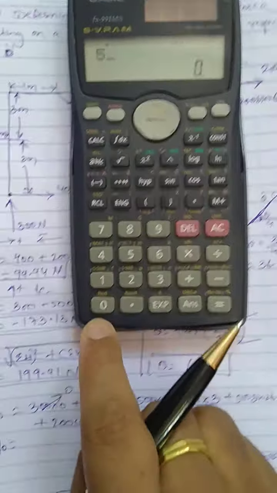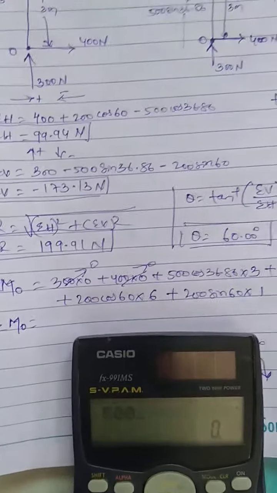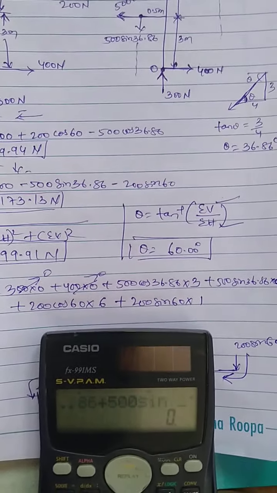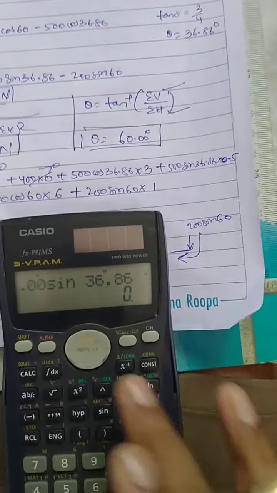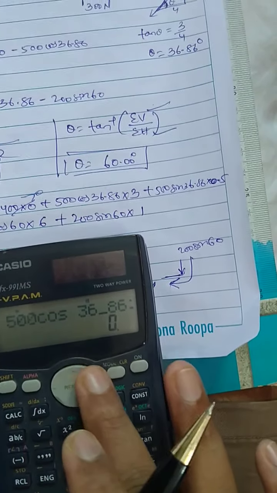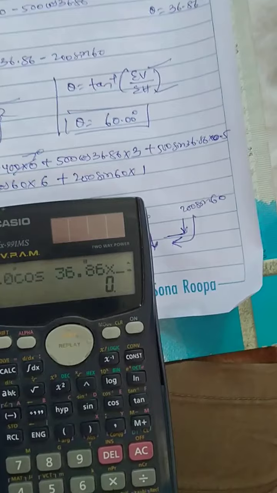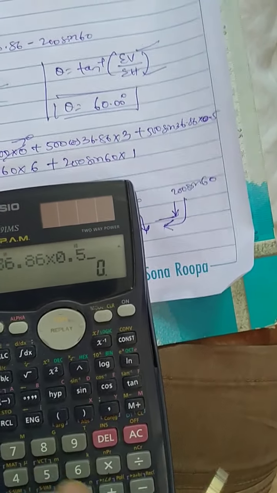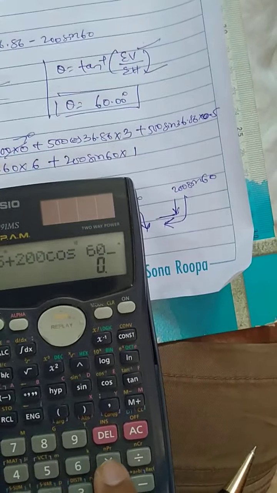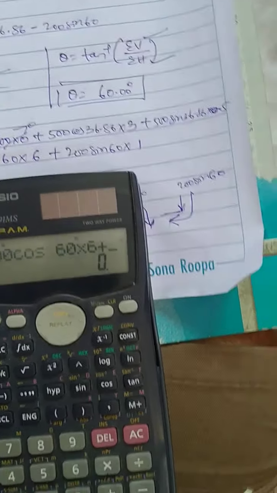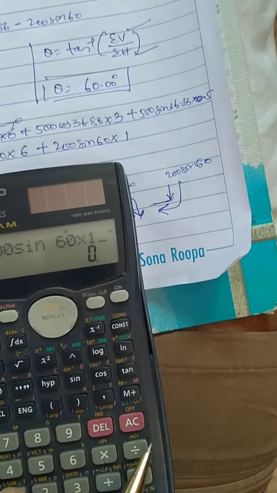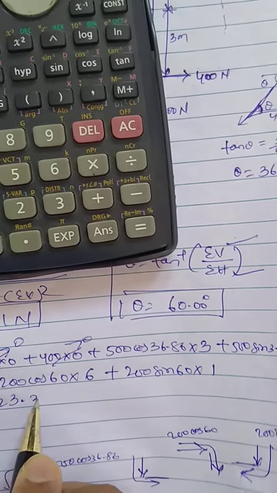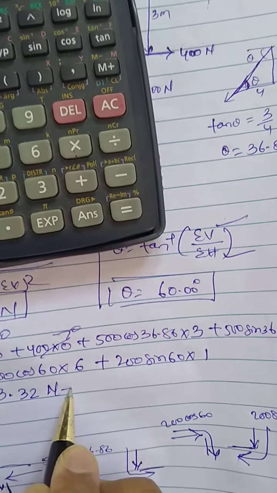Then we'll start with 500 cos 36.86 into 3 plus 500 sin 36.86 into 0.5 plus 200 cos 60 into 6 plus 200 sin 60 into 1. It is 2123.32. It is in Newton. Distance is in meters, so Newton meter.